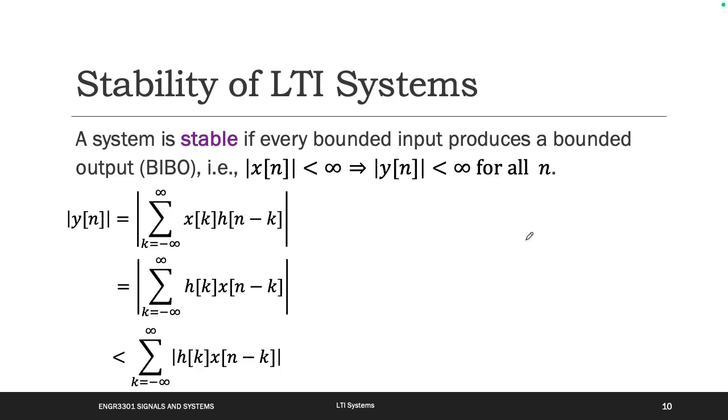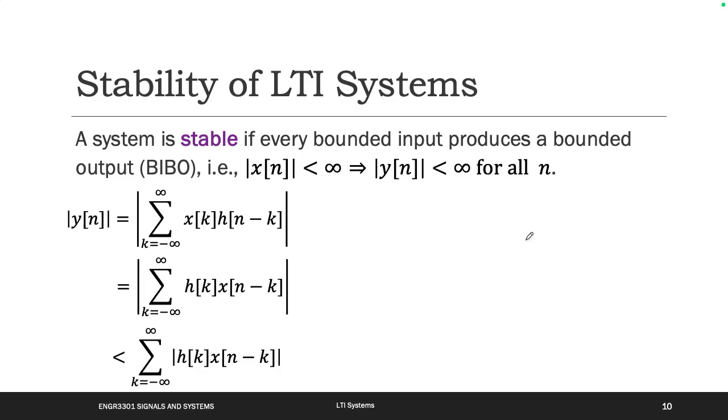That makes sense to you? You can see if you take the absolute value first, every item must be a positive number. But if you use this one, you cannot guarantee every item is a positive number. It might be negative, so it will become smaller. So this expression must be smaller than this one. That makes sense to you?